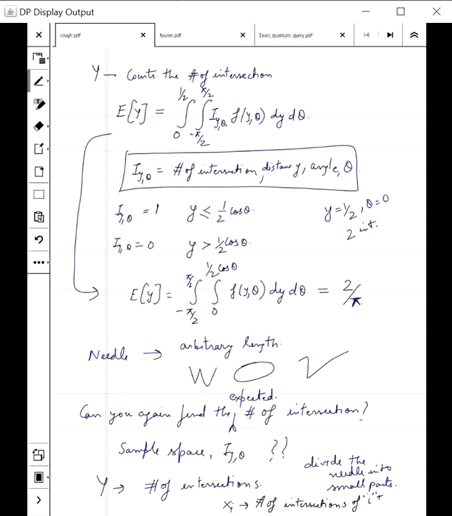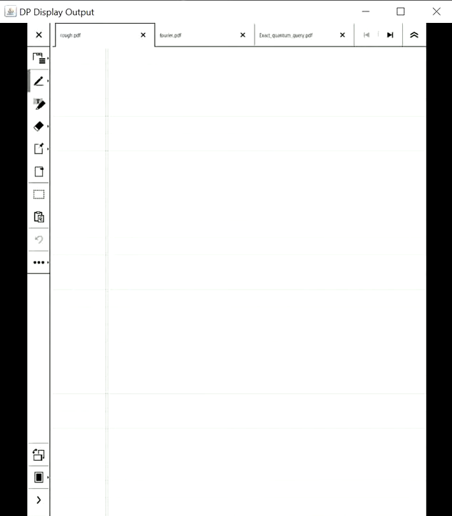I have divided my needle into very, very small parts, and the number of intersections of the ith part I am denoting by xi. So say i goes from 1 to n, and y is the total number of intersections of the needle. Pay close attention to this.